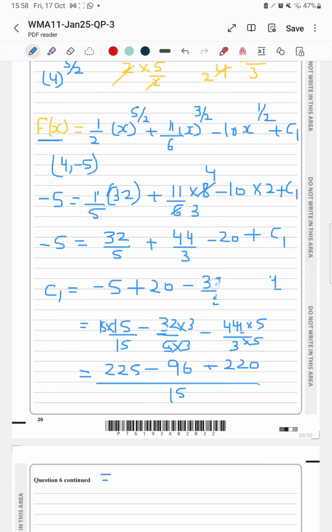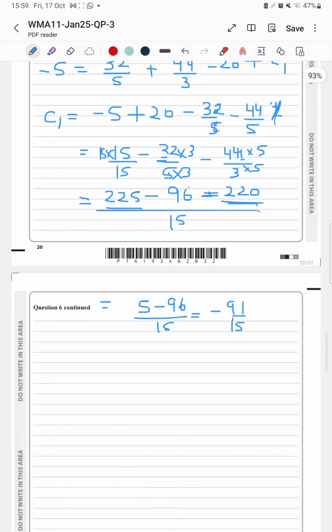So 225 minus 220, which is 5, and then that is 5 minus 96 over 15, which is negative 91 divided by 15.